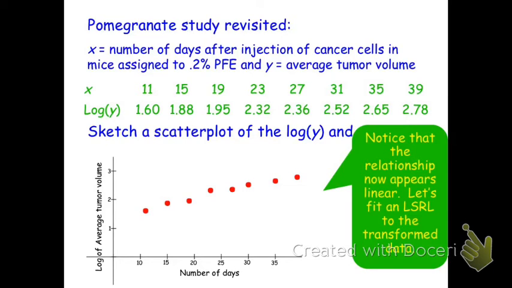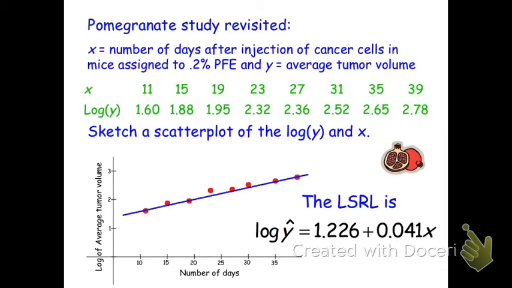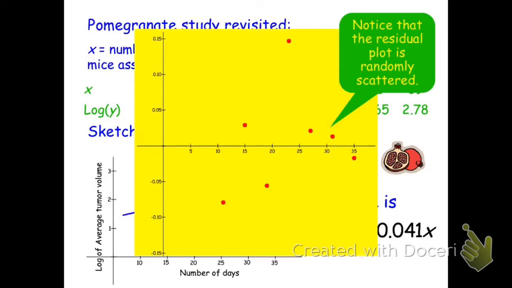We took the log of all the y's and created a scatter plot. Here was the regression equation after we transformed it. Here's the residual plot, and this is randomly scattered. Does that mean the transformation was good? Yes. So a linear model of x and log y would be appropriate.